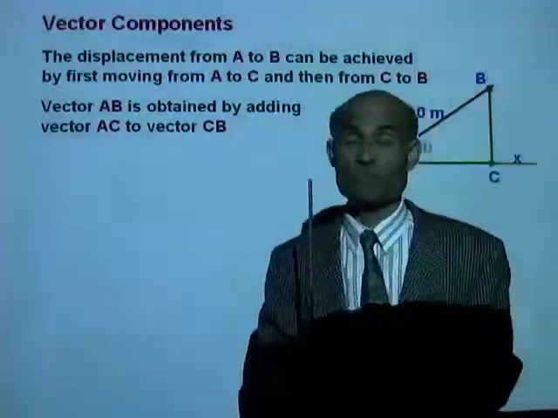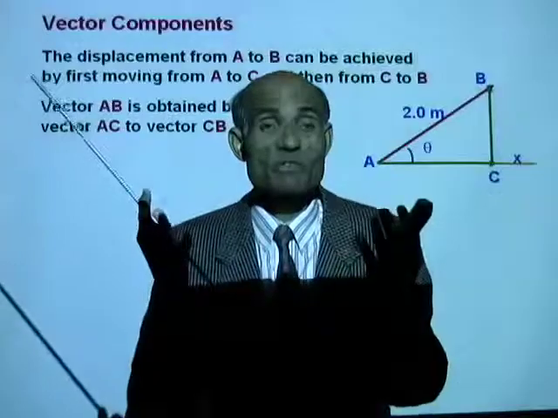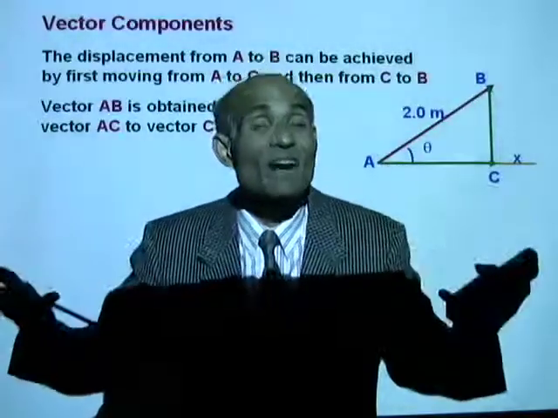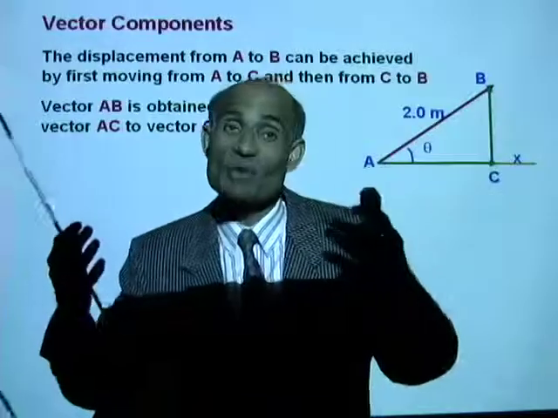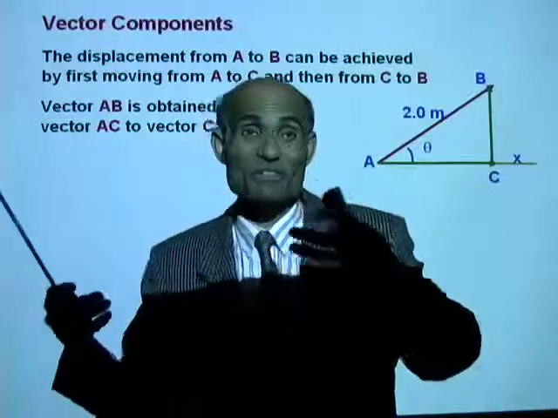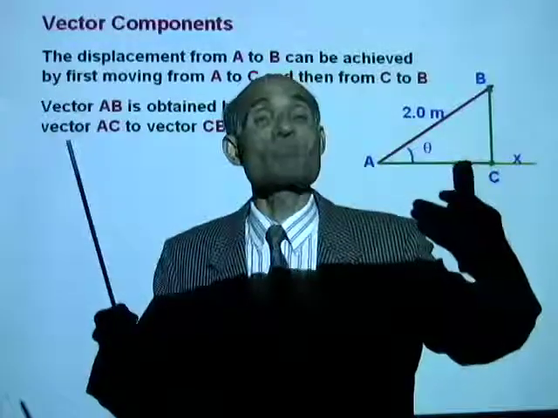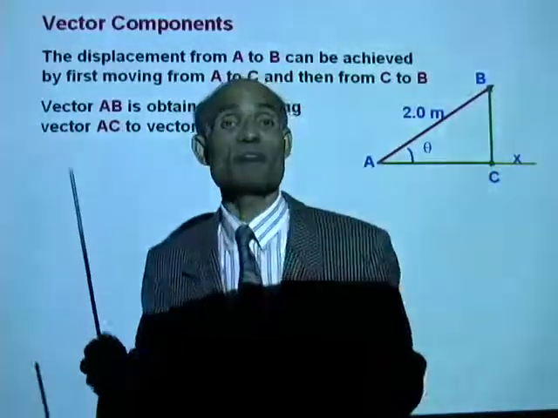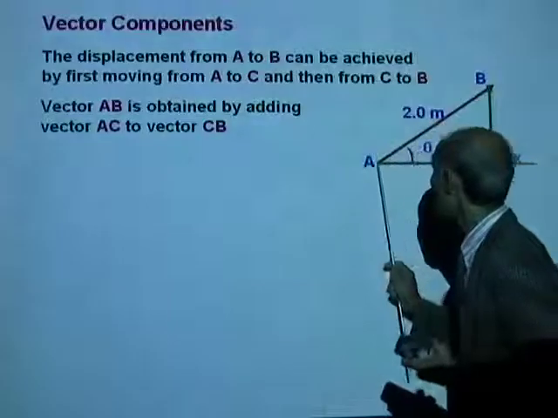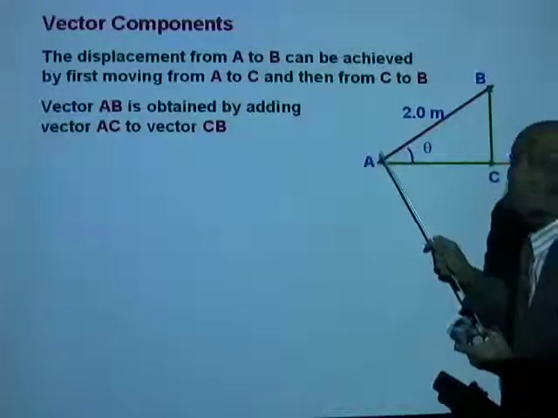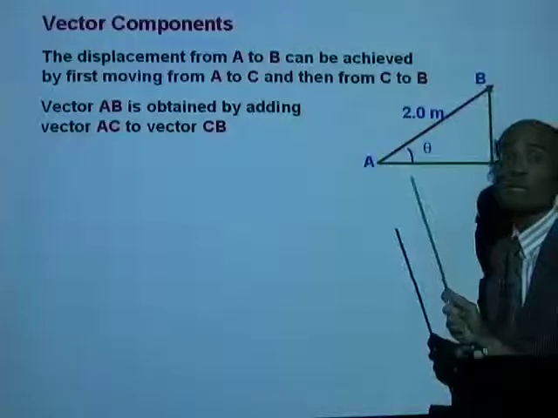Now remember, there is a big difference between adding normal numbers or scalar quantities. We said quantities that are not vectors are called scalars. Is that right? We know 3 plus 2 equal to 5. Now, if I add the length of AC to the length of CB, do I get the length of AB?